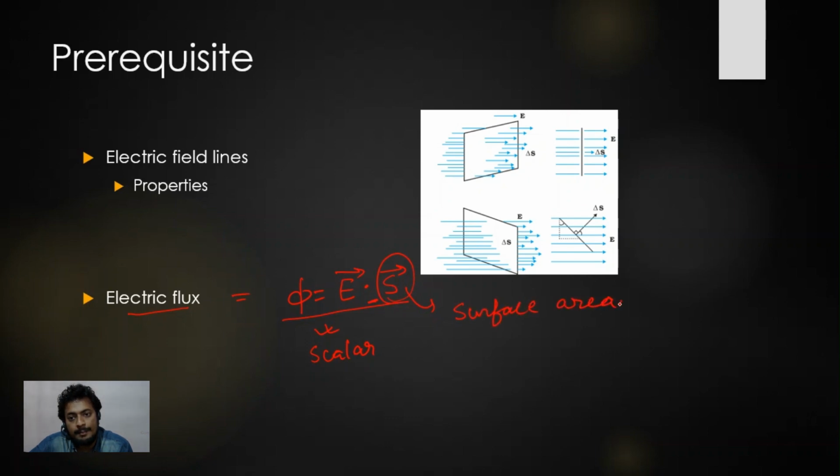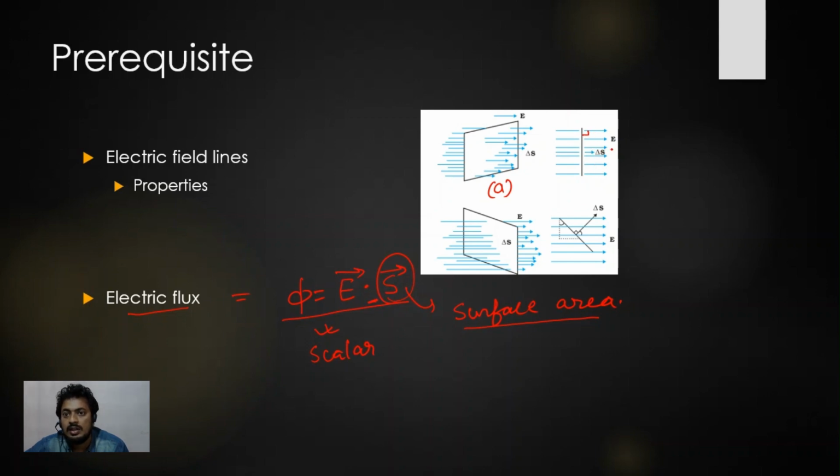As it is a vector quantity, the direction will be normal to the surface. In this figure it is indicated by two surfaces. In surface A you can see that the electric field is perpendicular to the surface, and the direction of surface is normal to the surface.